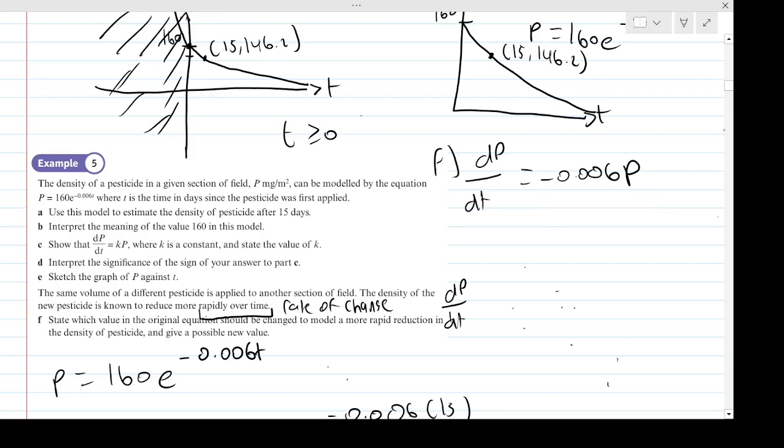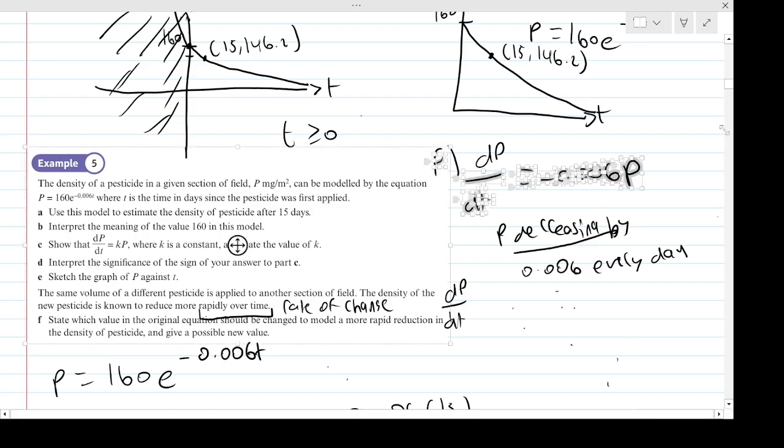That's what that's saying. And it's decreasing because it's negative.